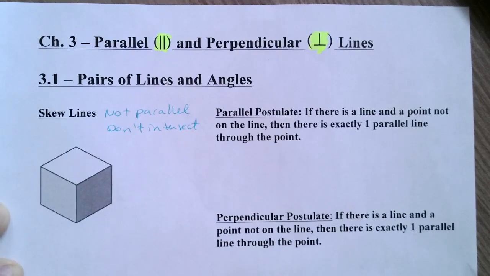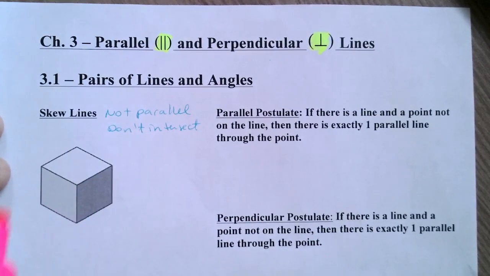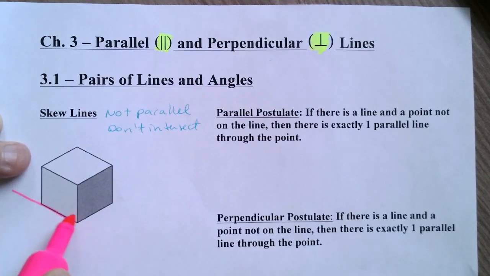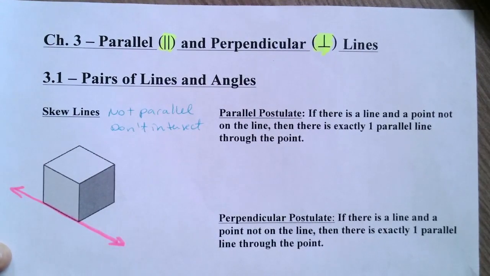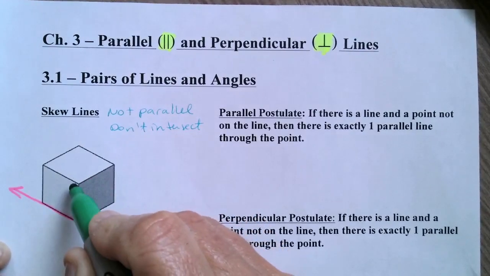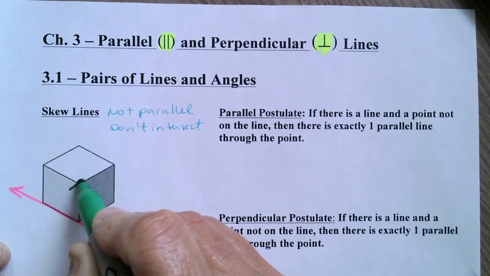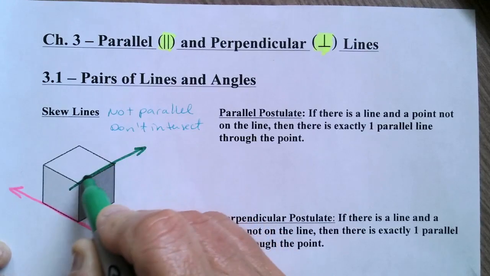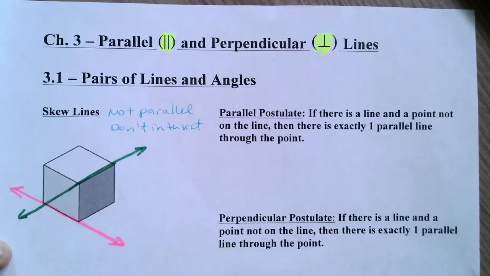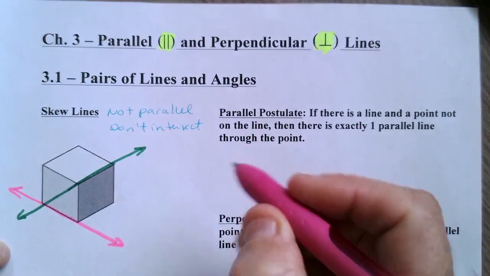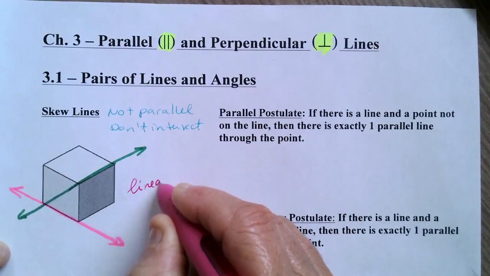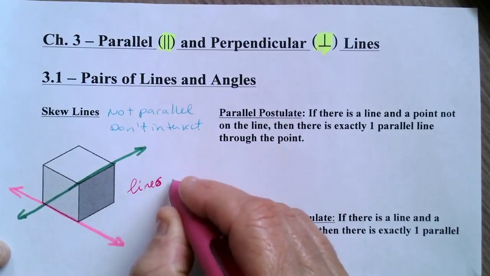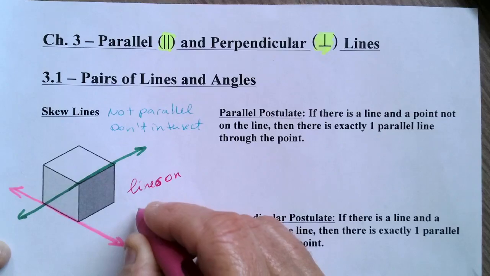For example, here, if I have this line going right through this plane right here, and I have this line on the top of this box going this way, these are called skew lines. They do not intersect because they are on different planes. So, lines on different planes.